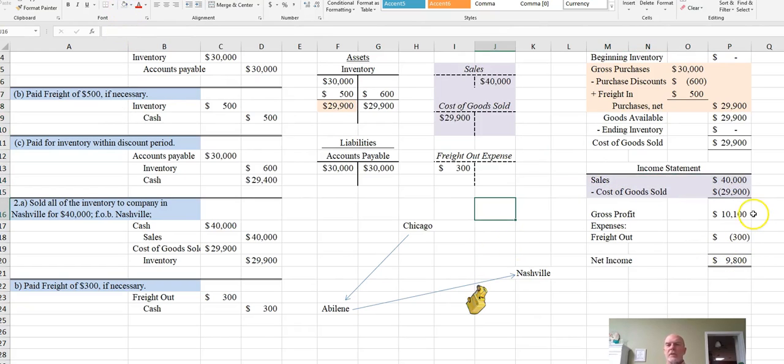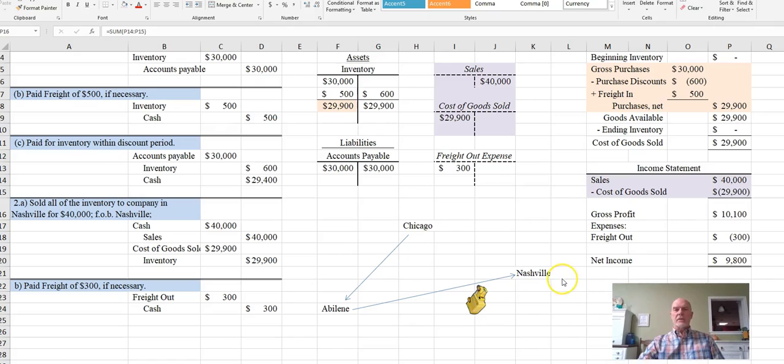We have gross profit of $10,100, and then down below the gross profit is where we would subtract out all of the other expenses that have been incurred. In this example, it's just the one, freight out. So that gets us down to net income. So that's a summary of how all that works.